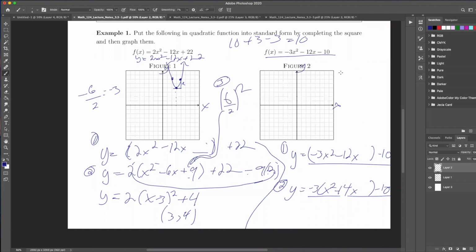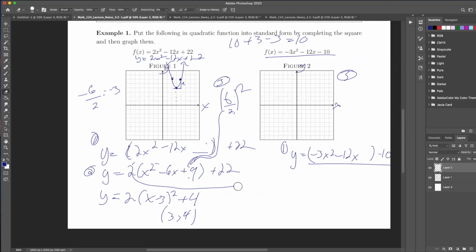So the next thing I'll do, step 3, is add in my b squared. I didn't leave myself that much room. Let me rewrite this with a little bit more room. Then we'll have y equals -3 times (x squared plus 4x) minus 10.